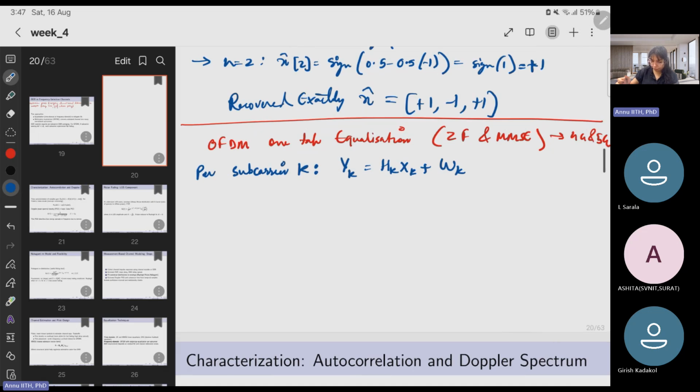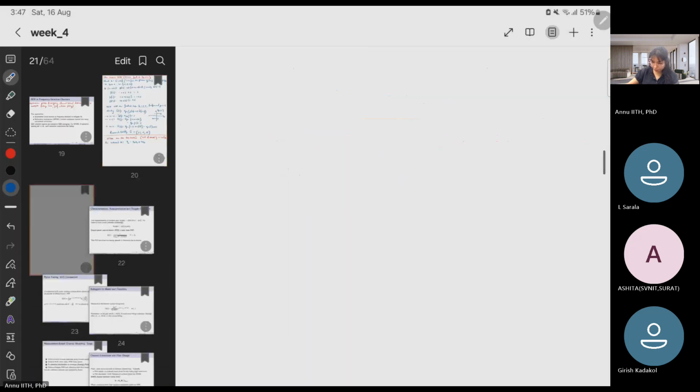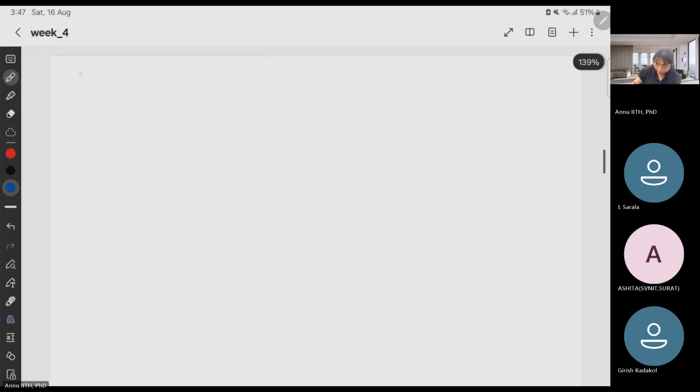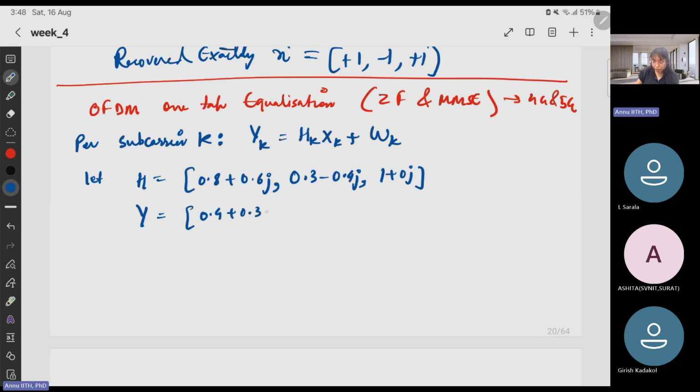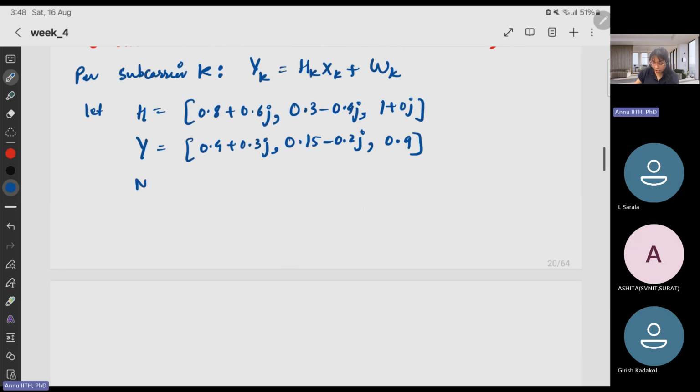For example, h is equal to 0.8 plus 0.6j, 0.3 minus 0.4j, 1 plus 0j, where y is equal to 0.4 plus 0.3j, 1.15 minus 0.2j, 0.9, and the noise to signal ratio is N naught by Px.